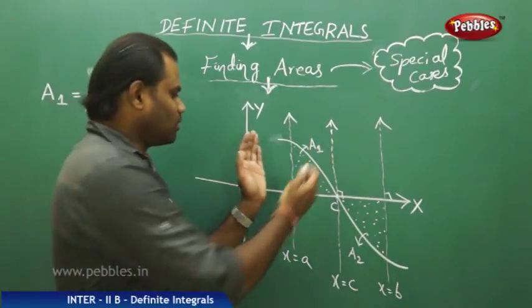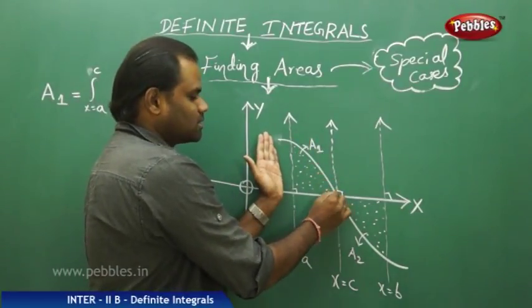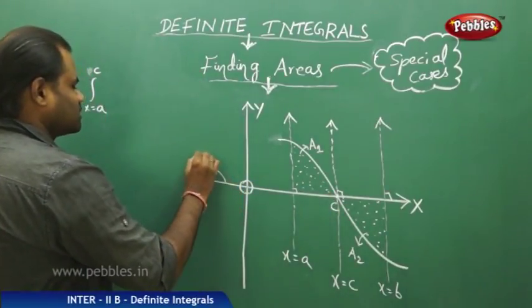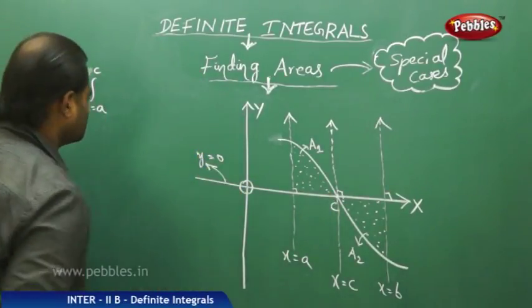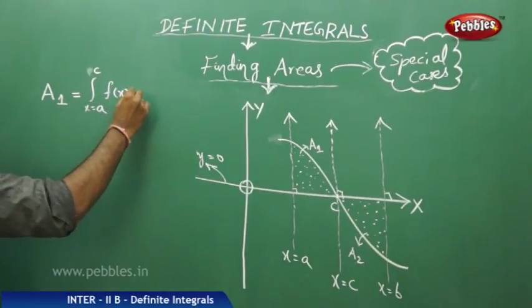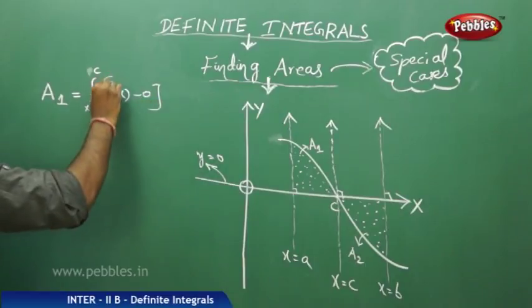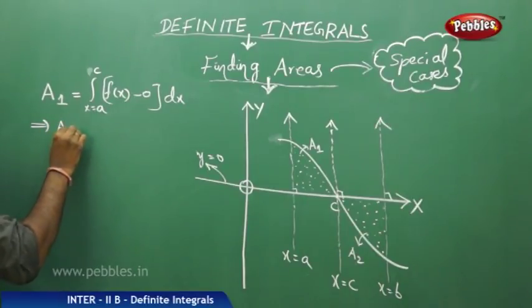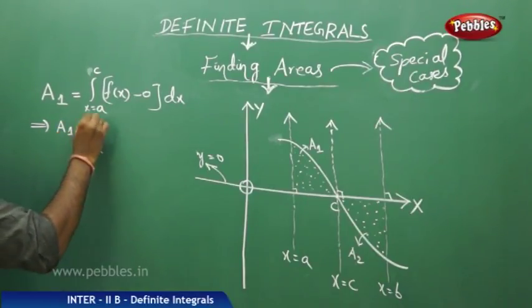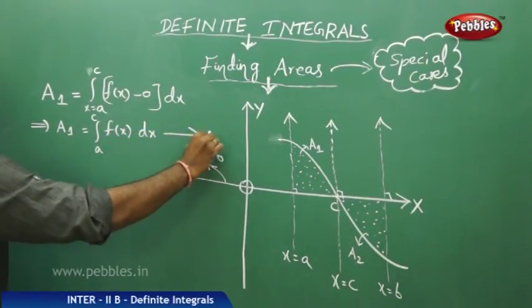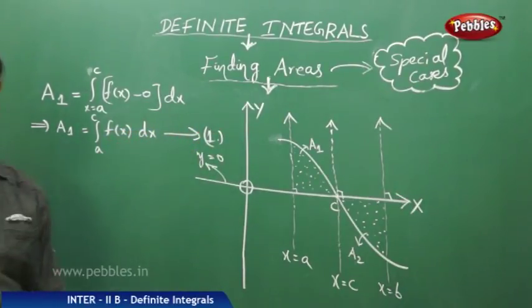In this case my upper curve is y equals f of x and my lower curve is the x-axis, which is y equals 0. So I have f of x minus 0 dx. That implies A1 is the integral from a to c of f of x dx, which I take as equation 1.